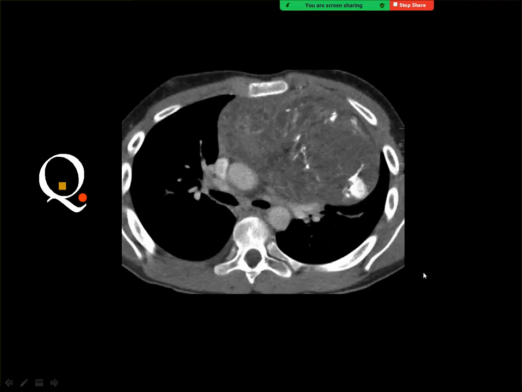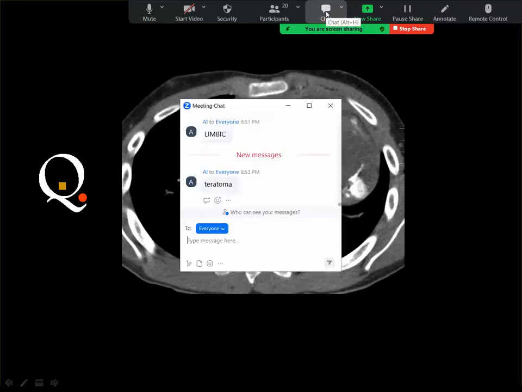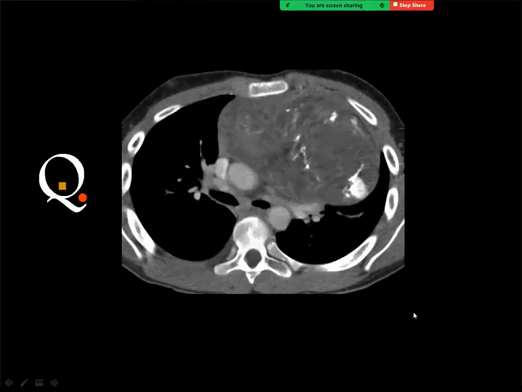CT scan of the chest showing big mass. Yes, and this is teratoma or teratodermoid cyst.